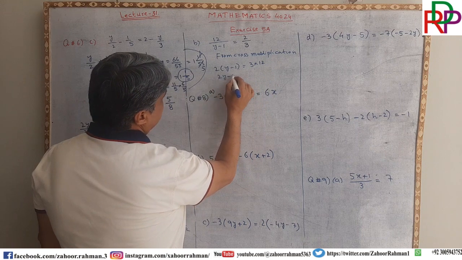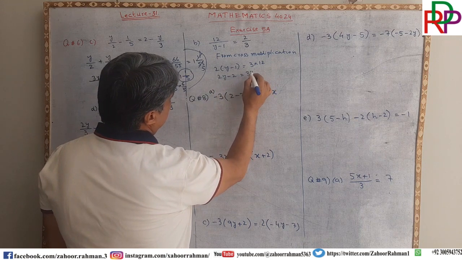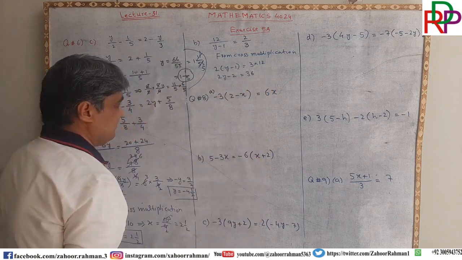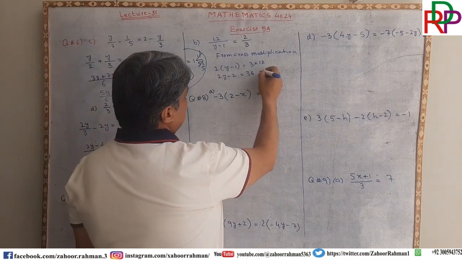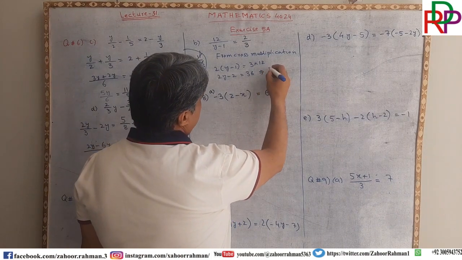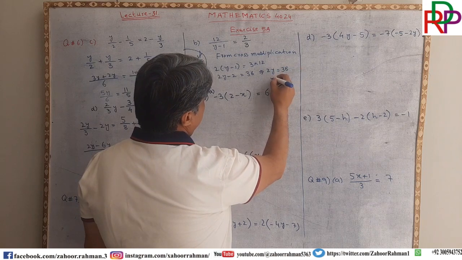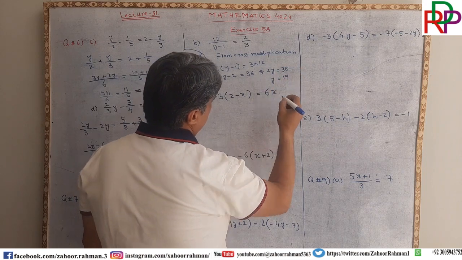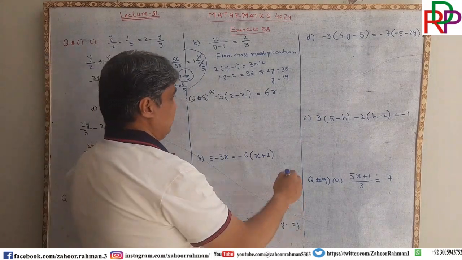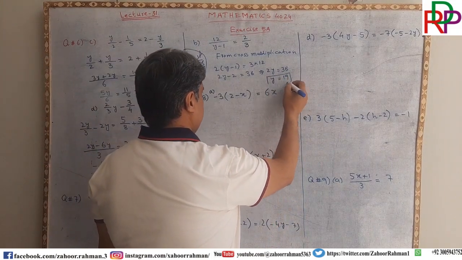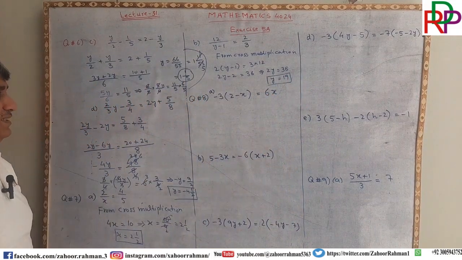So 2y minus 2 is equal to 36, and then this implies that 2y is equal to 38 and y is equal to 19, and that is the final answer.